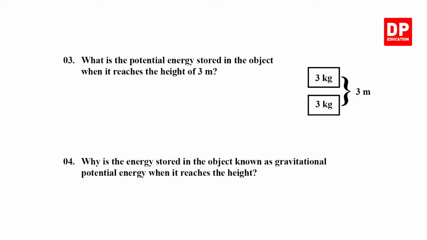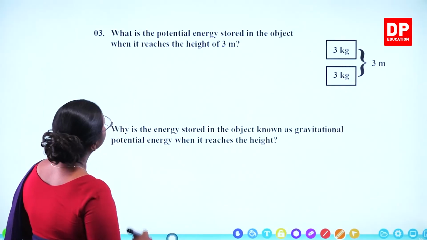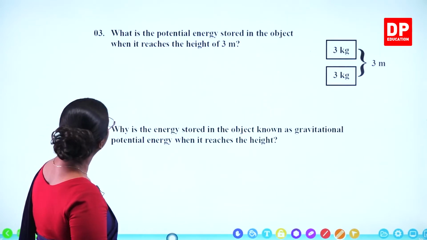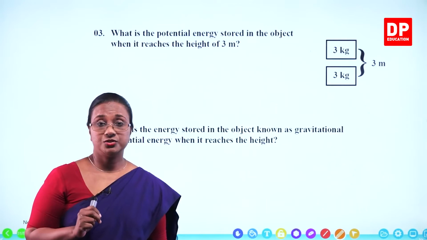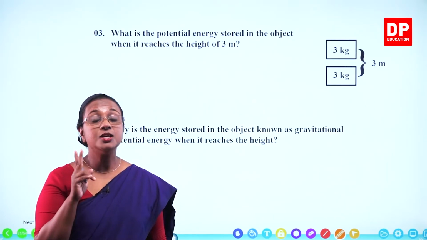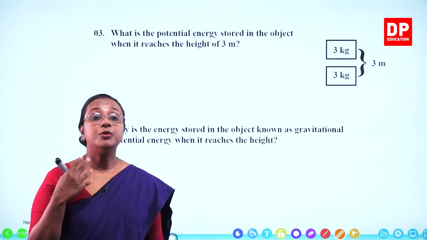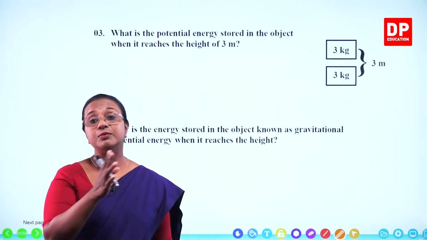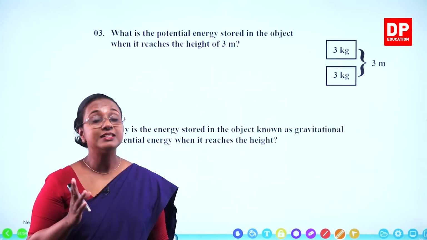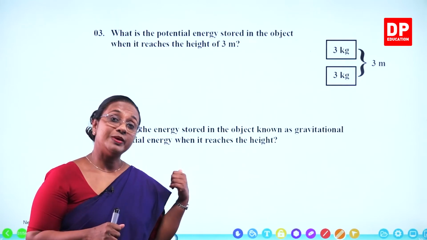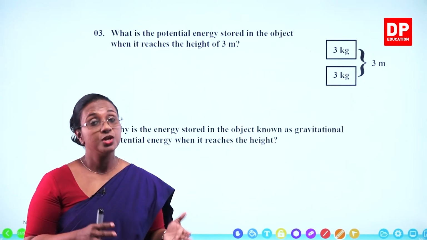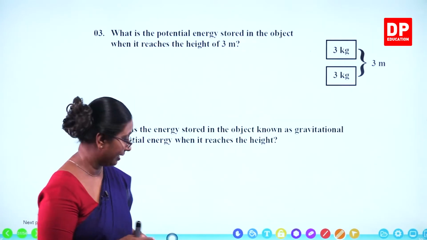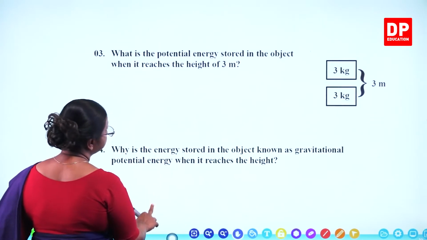Third part, again the same diagram is given to you, so you all know what it means. What is the potential energy stored in the object when it reaches the height of 3 meters? Now for this question, students, you can answer it in two ways. How? Potential energy is gained by the work done against the gravitational acceleration. So we have already calculated work done. That is 90 joules. So you can write it directly. That is one method.